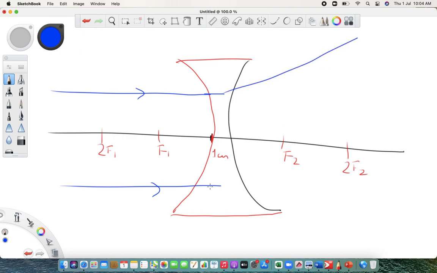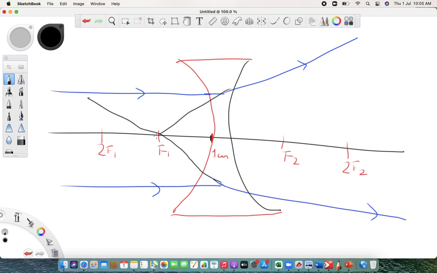After refraction, they diverge. So definitely they are not going to meet on the other side of the lens. But when you extend them, it will pass through f1, and that point is your image. So when you put your object at infinity, you will get your image at f1, virtual, erect and diminished. Clear? So this is the first case.